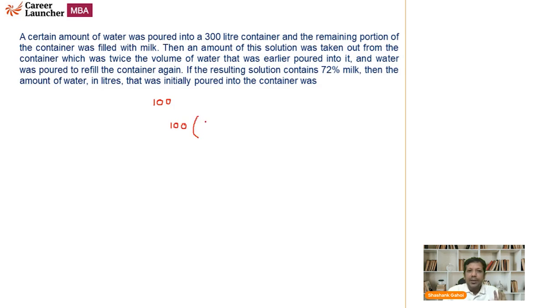I am replacing it by some quantity, right? What quantity? Let's say x. Then what happened? I am replacing it by twice of that quantity, right? So 2x by 100, and that becomes 72.